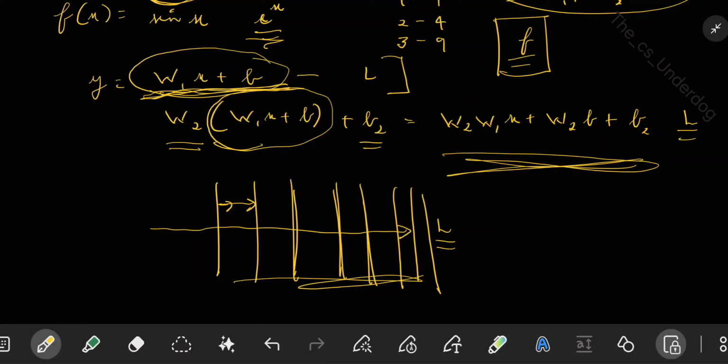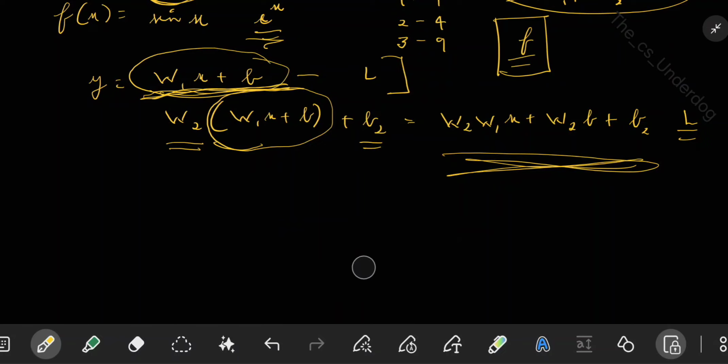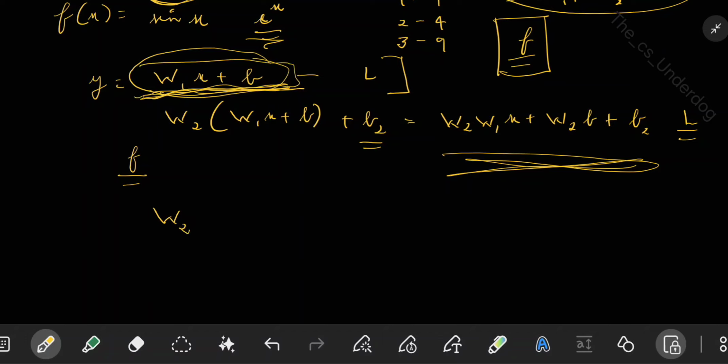So instead of this, I want to show you what happens if you add an activation function in each layer. Instead of this simple w2 into w1x plus b plus b2, if I had an activation function f in the second layer, then what will happen? It will be w2 into, after the first layer, this will go through an activation function. Then the output will be f of w1x plus b, then plus b2.